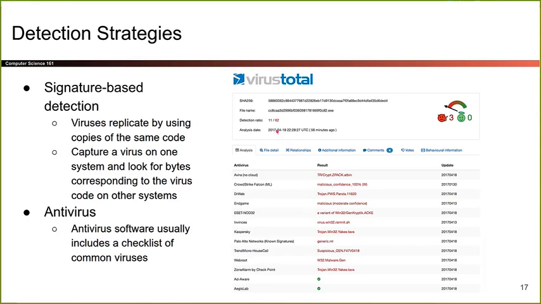So I think in this particular case, the detection ratio is 11 out of 62. So it sounds to me like for this particular virus, the CC8 CAA blah blah blah.exe, it seems like this virus was detected by 11 antivirus softwares, and not detected by the other 51.